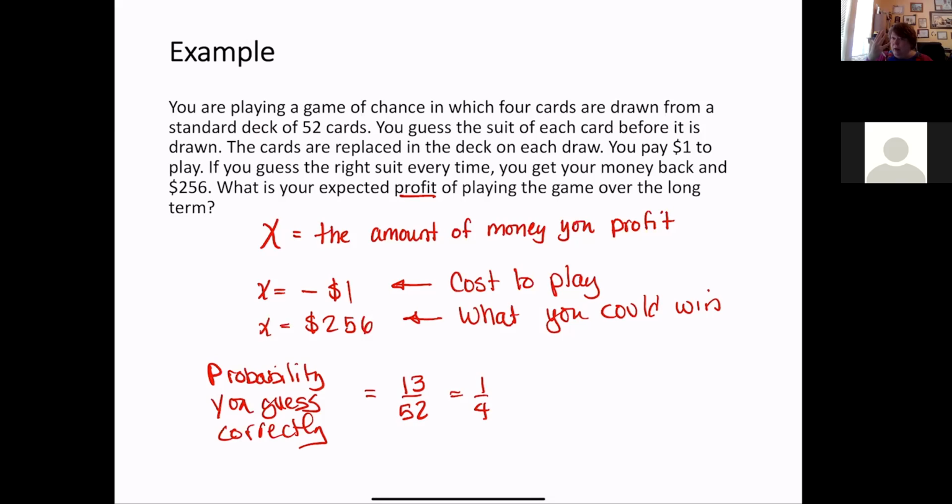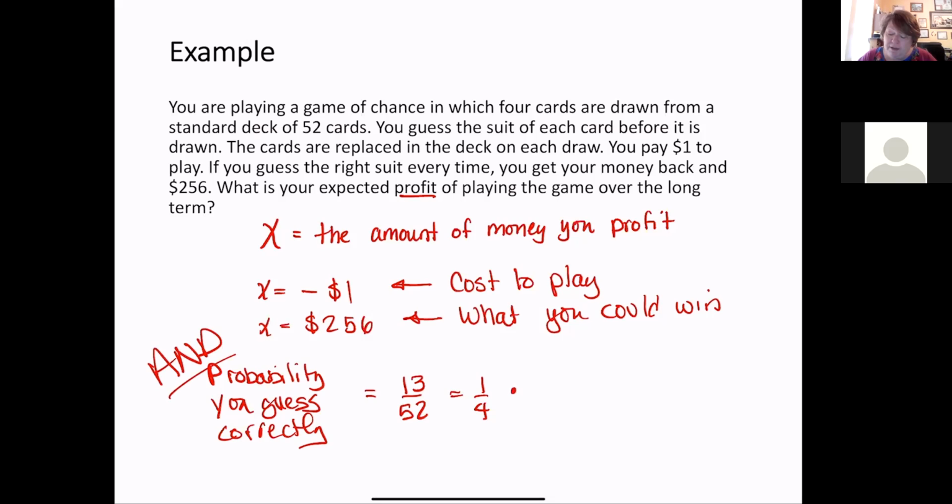Now you're drawing 4. And since these are independent events and you're interested in, do I get it correct the first time, and I get it correct the second time, and I get it correct the third time, and I get it correct the fourth time, this is an and probability. And to calculate an and probability, you multiply the probabilities. So the probability you get all 4 cards guessed correctly is 1/4 times 1/4 times 1/4 times 1/4.